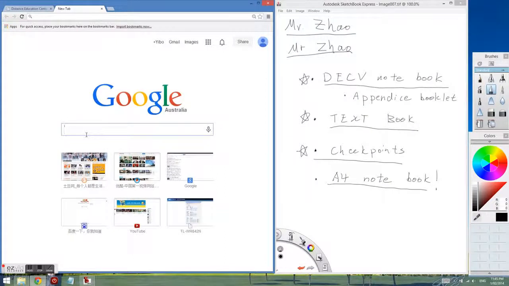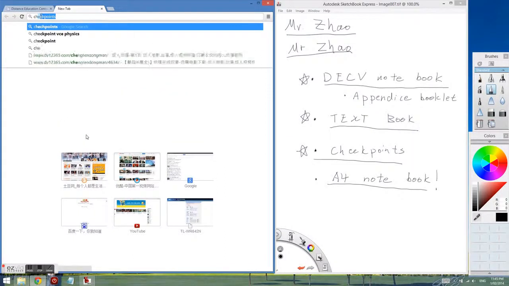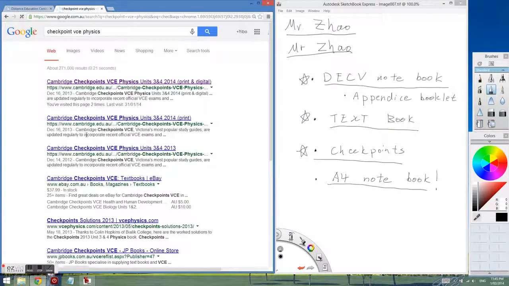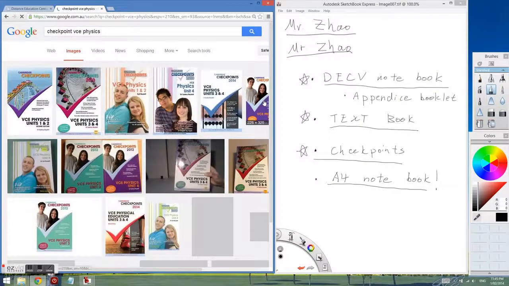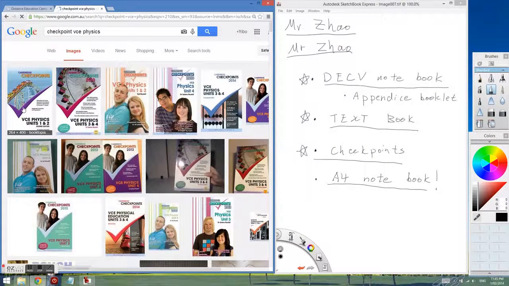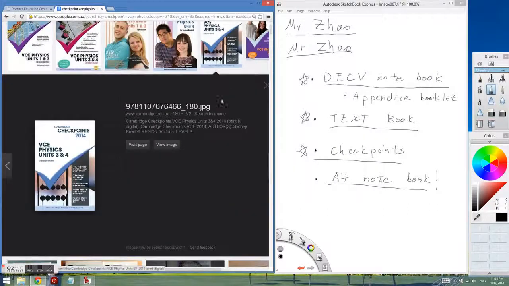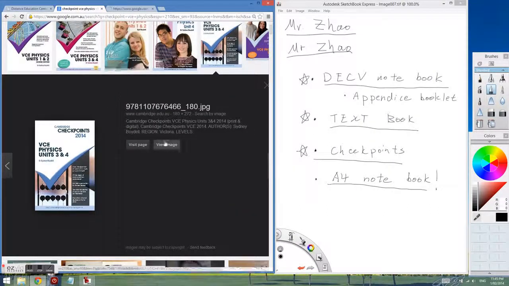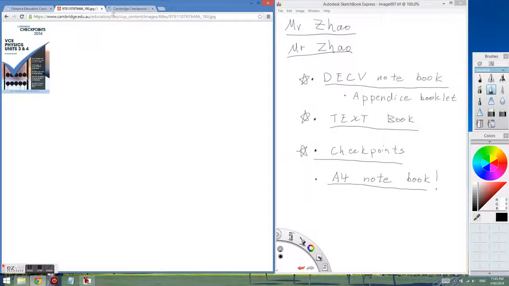If I go to Google and type in Checkpoints VCE Physics, and look through the images, let's look for 2004. Yep, should be this one.